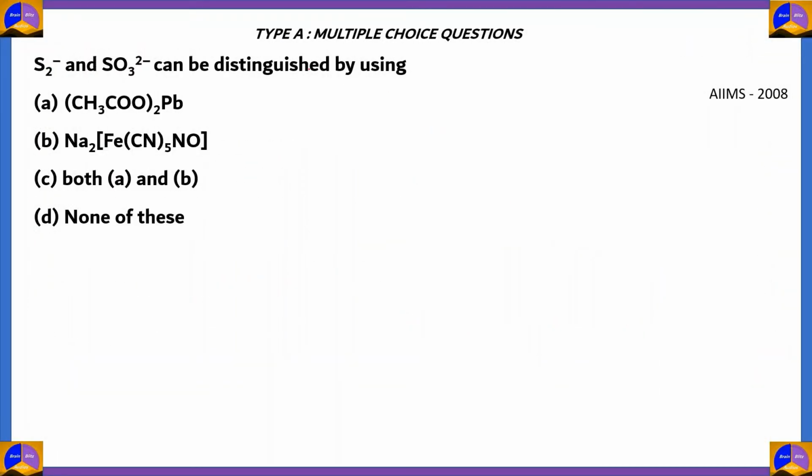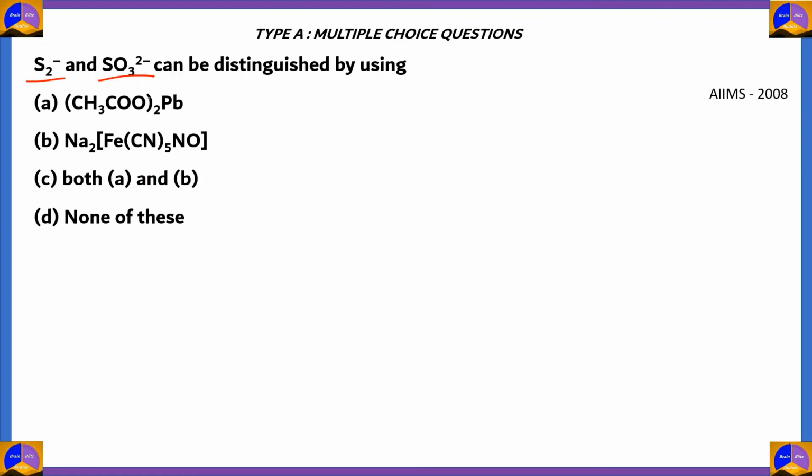This is the final question of this episode. S2- and SO3 2- can be distinguished by using. So we have a sulfide ion and we have a sulfite ion, and we need to distinguish between these two. The options given are (CH3COO)2Pb, lead acetate, and Na2[Fe(CN)5NO].